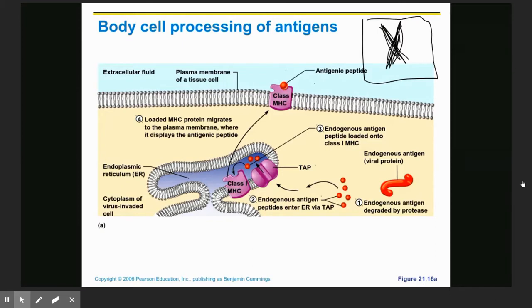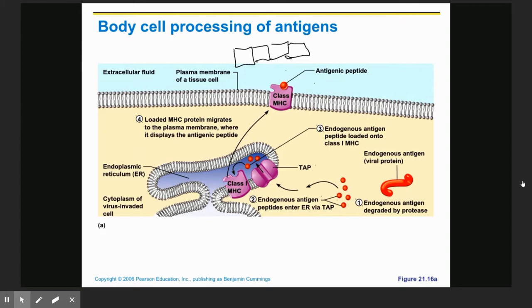And what a T cell is going to do is come along and find that. So look, we have a whole bunch of cells here, but only this one cell was infected. Only this one cell got the antigen in there. So the antigen grew. So what did this cell do?